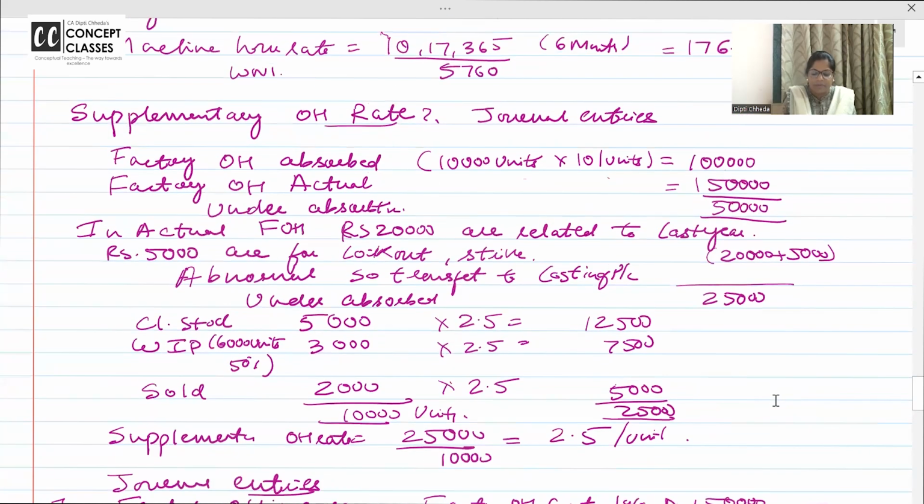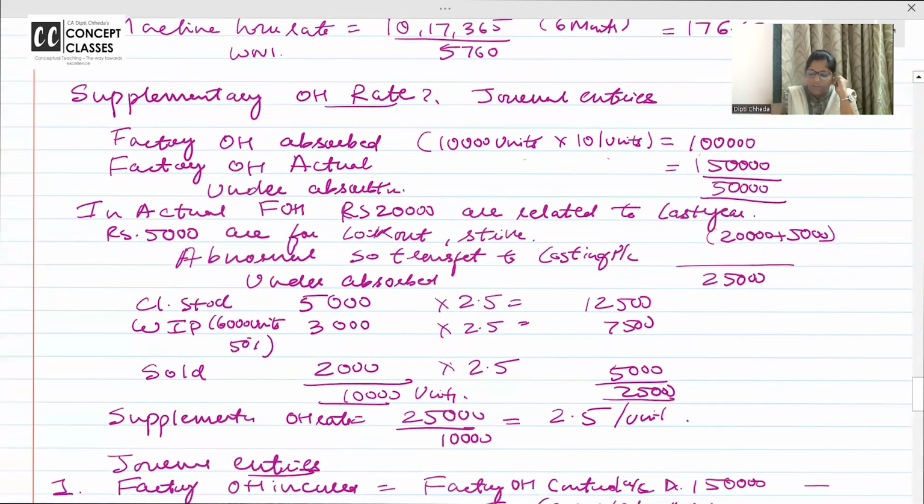ये देखो. Factory overhead absorbed is 1 lakh. But actually what you have charged or paid is 1.5 lakh. But you have absorbed on predetermined rate 1 lakh. 50,000 is under absorption.